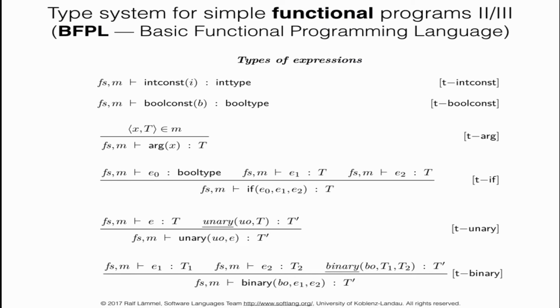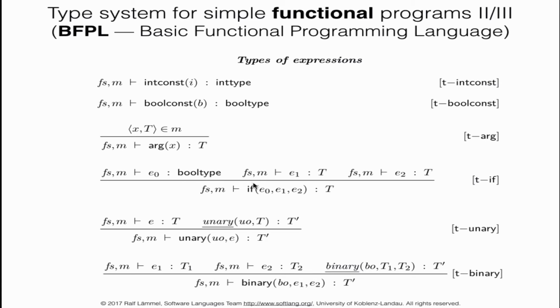Here's the second part. It's dealing with the forms of expressions. Int constants and bool constants are of the corresponding int and bool types. And for an argument occurrence in an expression, we look up the type of the argument name from the environment. For an if, it's pretty straightforward.